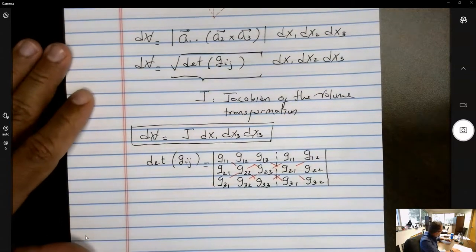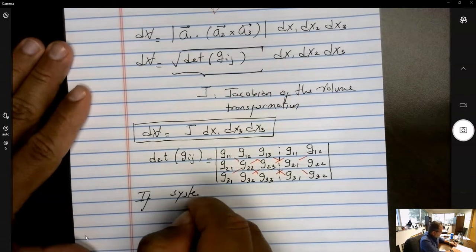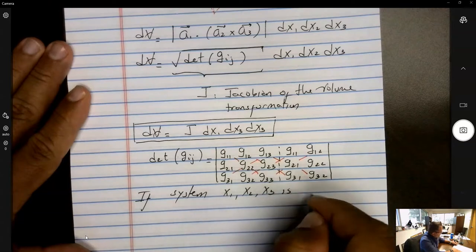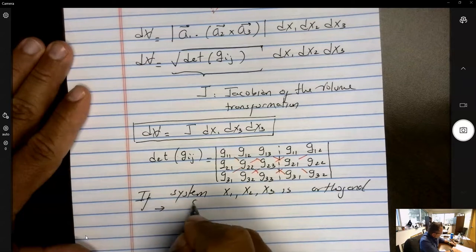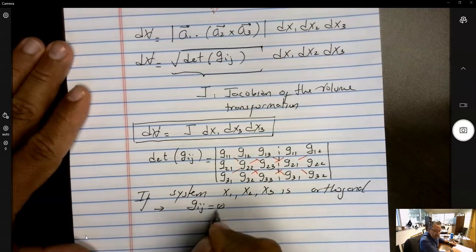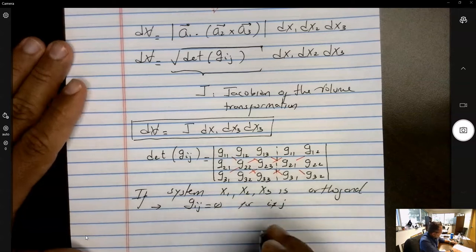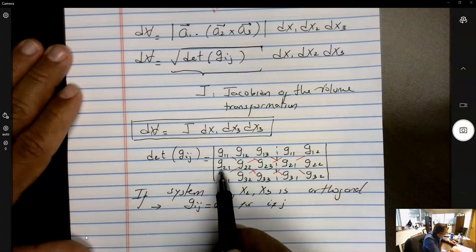Now, if the system x1, x2, x3 is orthogonal, then gij is equal to 0 for i different than j. So all these things here, g12, g13, g21, g23, g31, g32, will be 0.